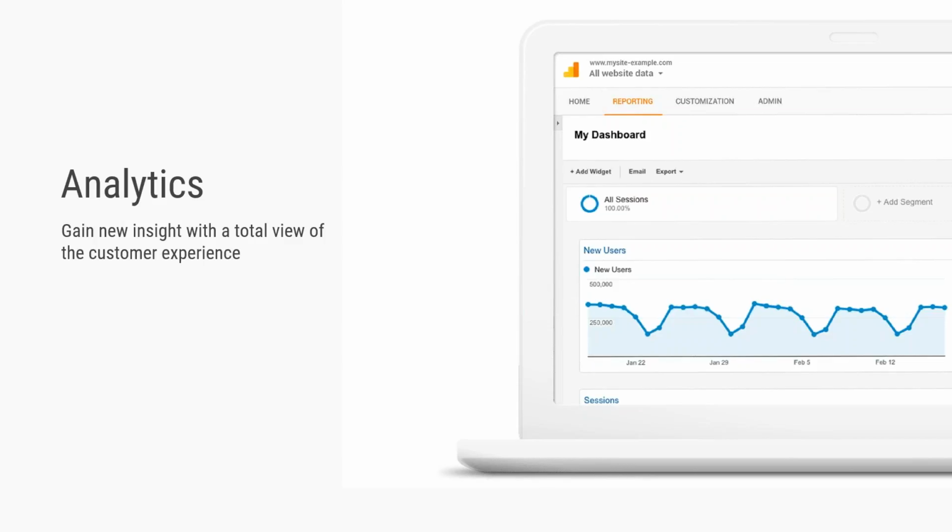Coming to Google Analytics, it is another free tool from Google, and it will give you more detailed statistics about your website traffic and traffic sources. It will also give you data around conversions, sales, conversion value. Where are most of the users coming from? What percentage is new versus returning?